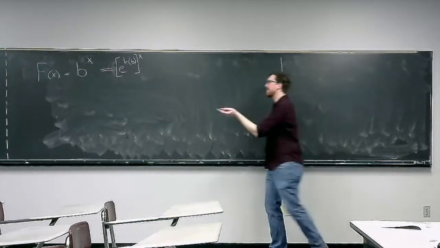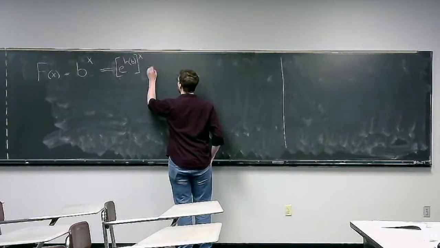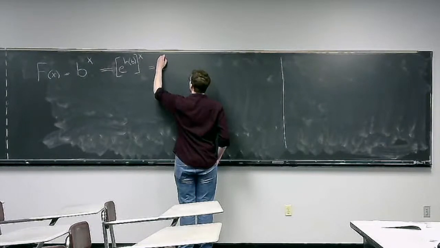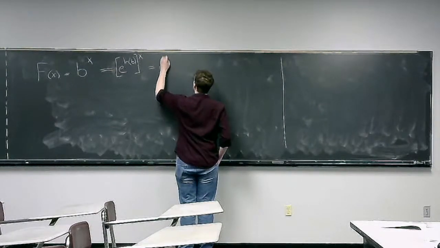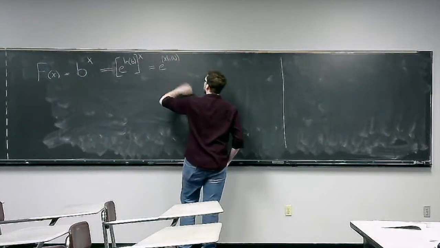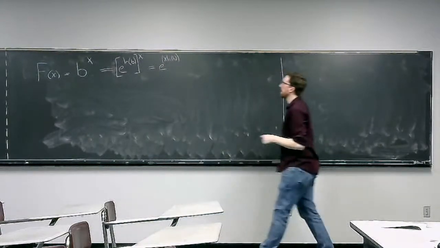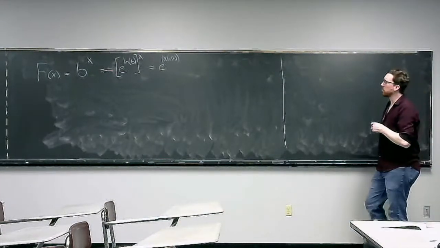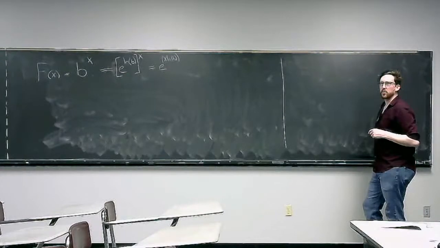Which is just the same thing as e raised to the x times the ln of b. Okay, that gets us going, because now that thing I can take the derivative of, right?